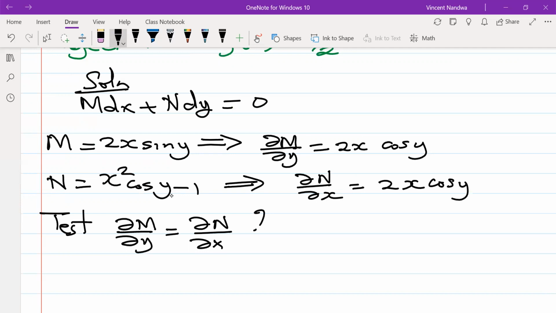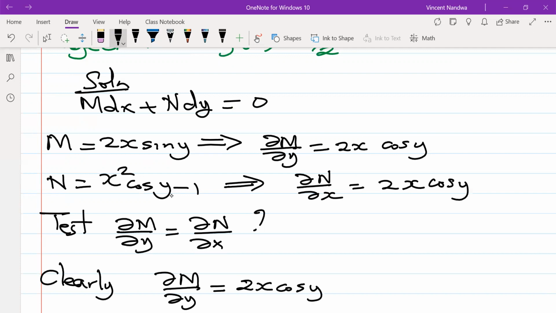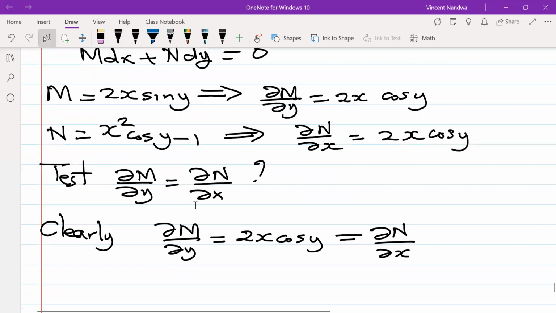So clearly, partial M partial y equals 2x cos y, which is partial N partial x, which means that the equation is exact.